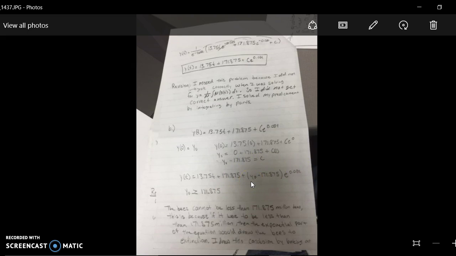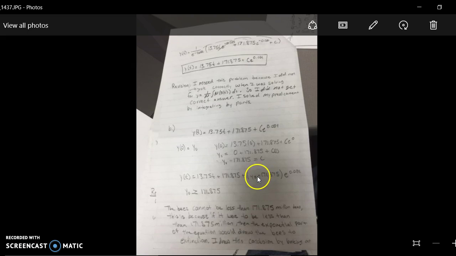I thought to myself, if y sub 0 is substantially less than 0, it's going to end up being too great a negative for the linear function A to have any effect on exponential function B.